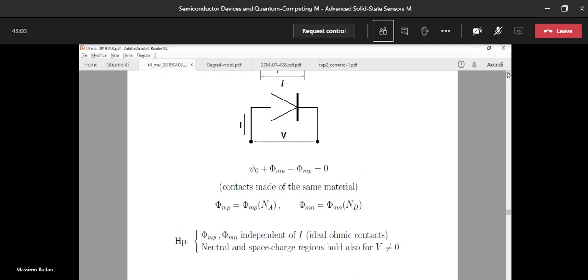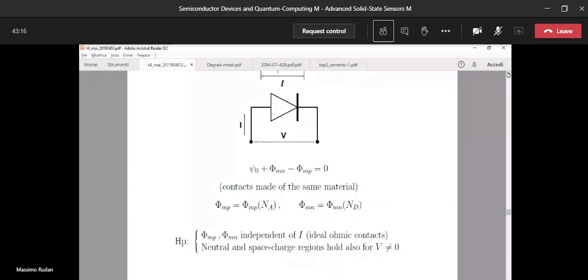Now we have to go to the non-equilibrium condition and calculate the current of the junction produced by the application of a voltage.